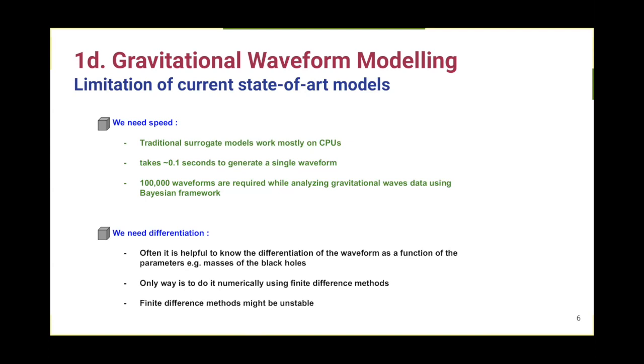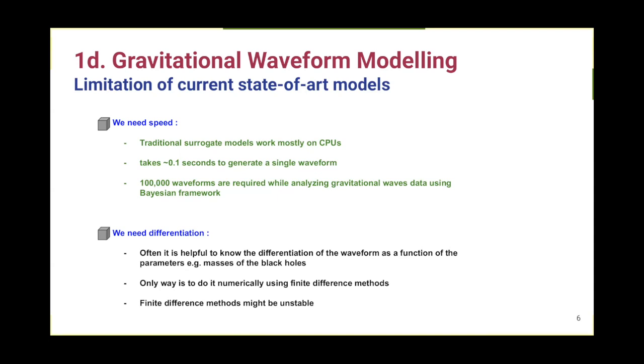But also there are often situations where we need to know the gradient of these waveforms as a function of the parameter space. It could be the masses of the black holes, the spins of the black holes, or anything else. And in those cases, the only way to do it is using numerical techniques such as finite difference methods.